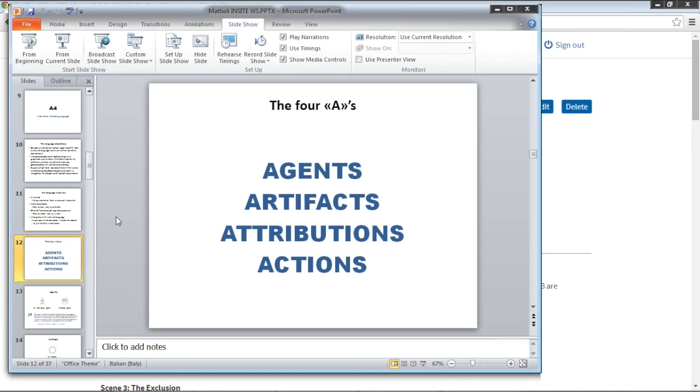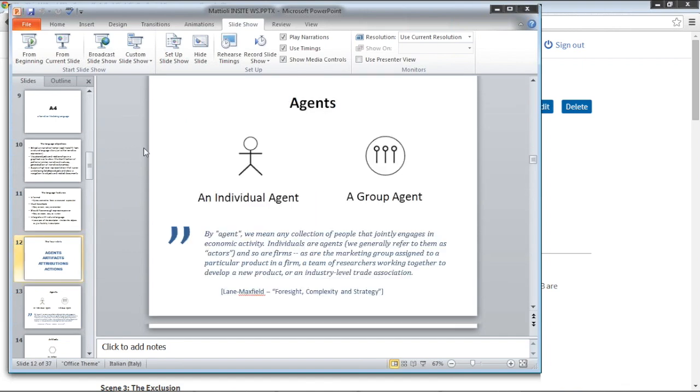Okay, the story is written with A4. We call the language A4 because it is based on the mapping of agents, artifacts, attributions, and actions. These are the 4 A's of A4.